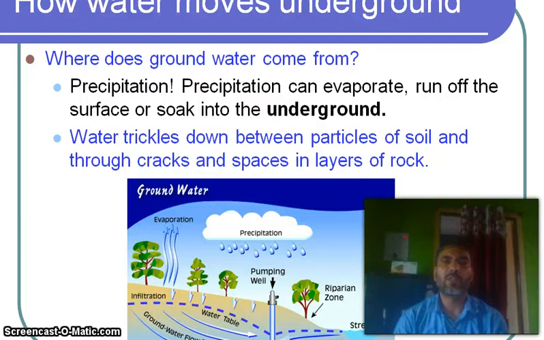Where does groundwater come from? Friends, where do you think groundwater comes from? Precipitation. Precipitation can evaporate, run off the surface, or soak into the ground. Water trickles down between particles of soil and through cracks and spaces in layers of rock.